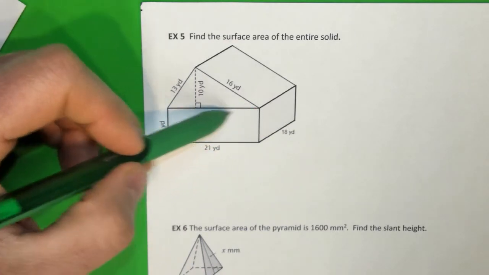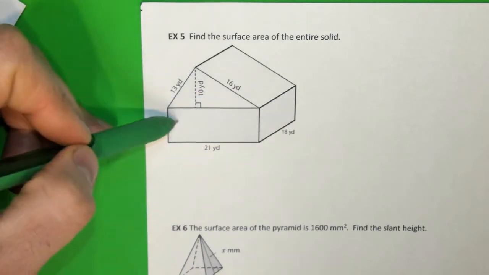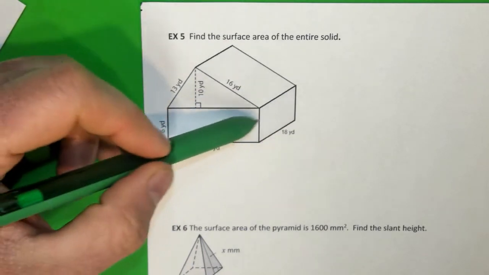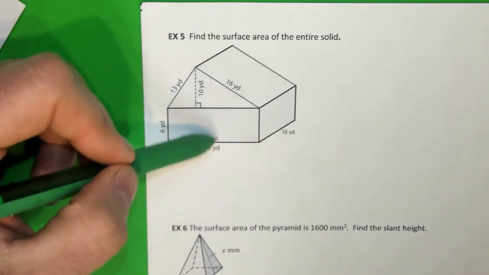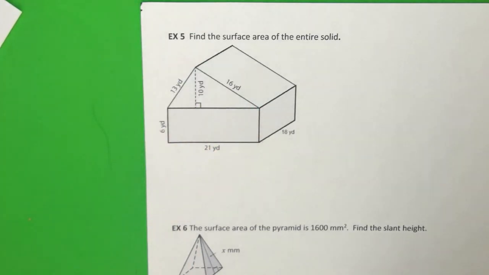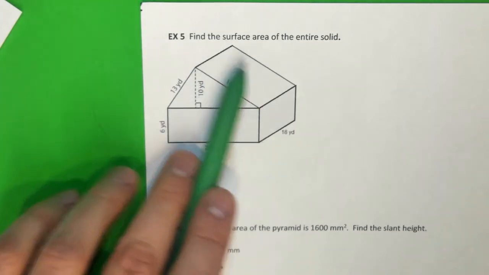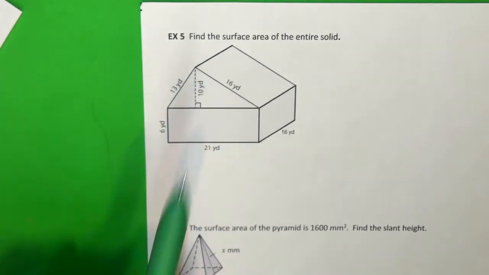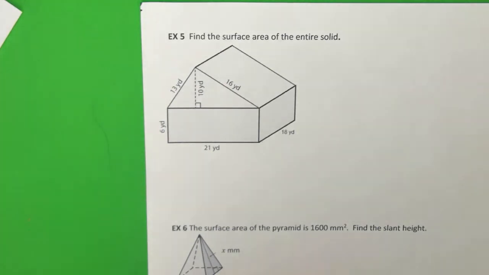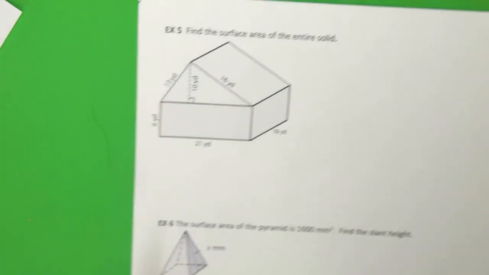In the bottom portion of our house, we have a very nice rectangular prism, which would be easy to work with. So we're going to be including that as part of our calculation. But then, on top of it, we have this triangular prism as well, and we want to make sure that we include some work for that as well. So let's break up our work into two different pieces.